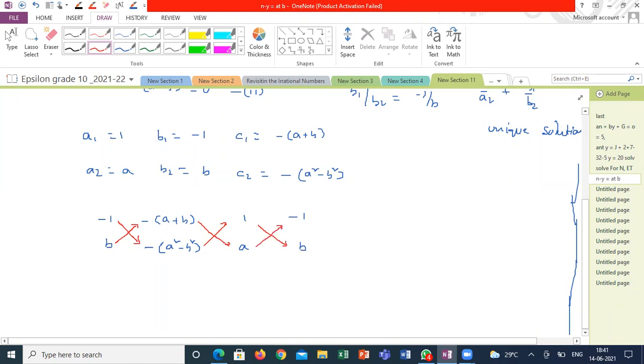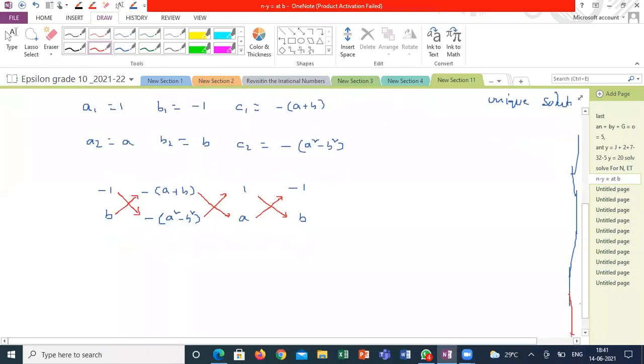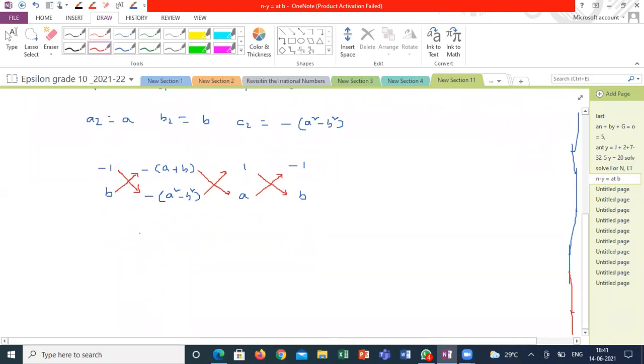Guys, this is clear. Now, what is x divided by? So b into minus of a plus b, minus of a square minus b square into minus 1 into minus is plus 1 into a square minus b square minus b into minus of a plus b.